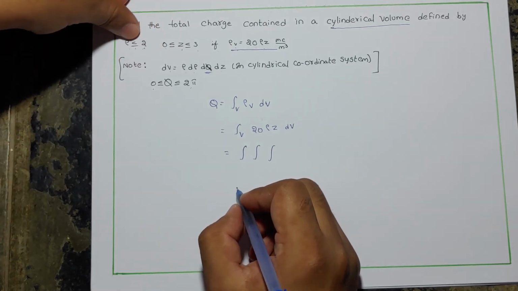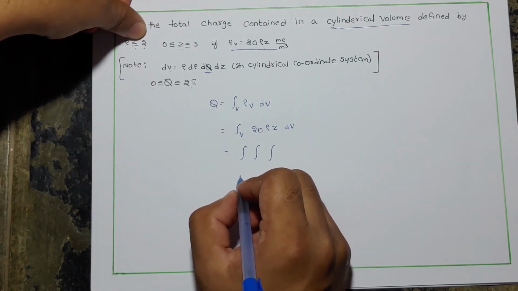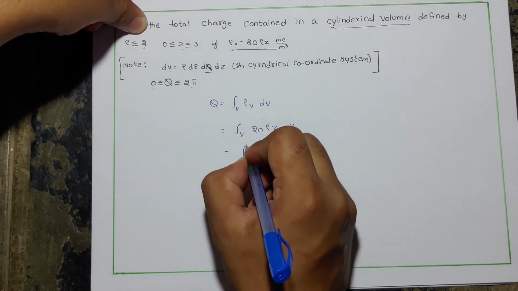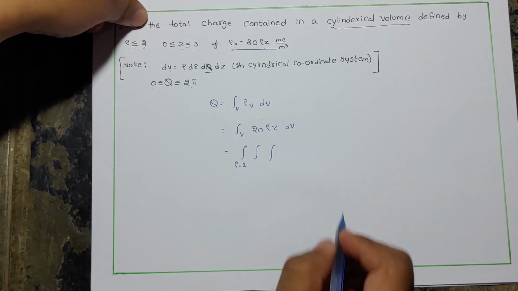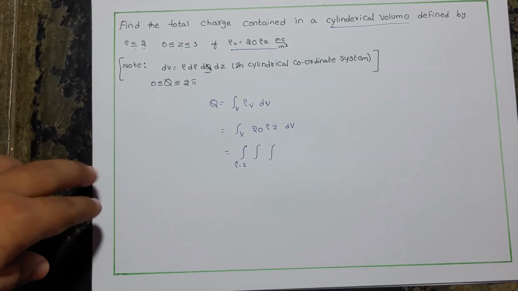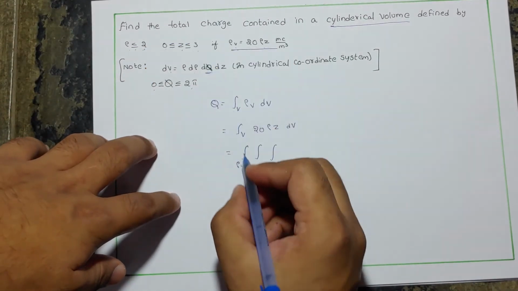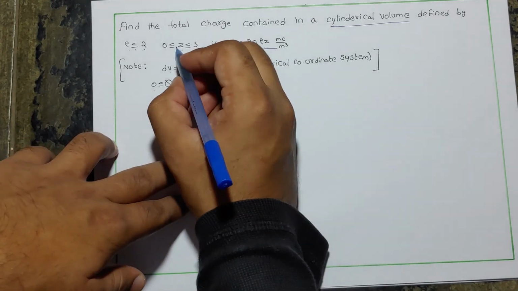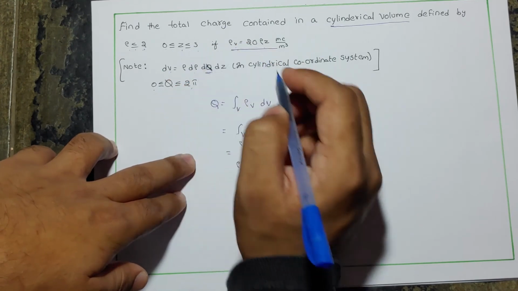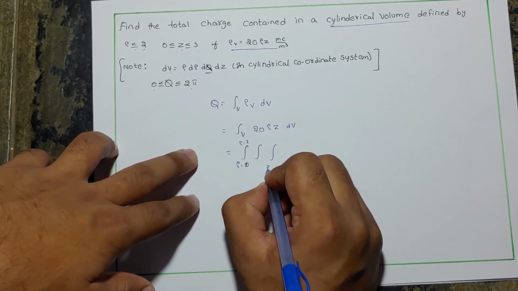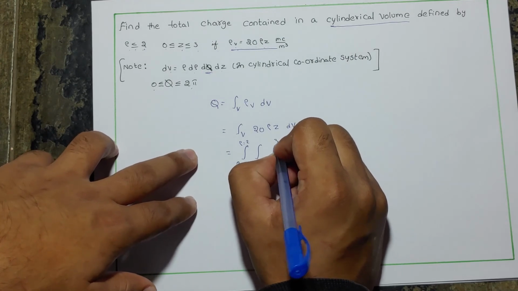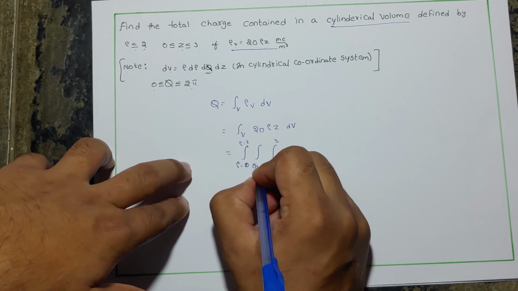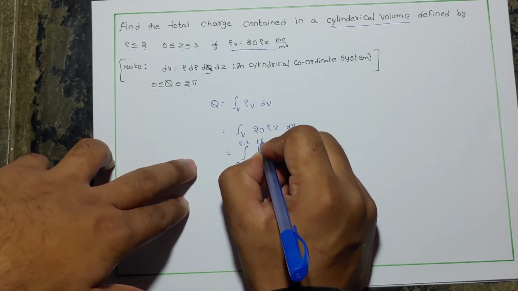Here it is given that rho is less than or equal to 2, that is from 0 to rho equal to 2, z is from 0 to 3, and phi is in the range of 0 to 2 pi.